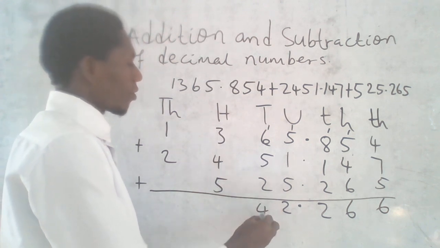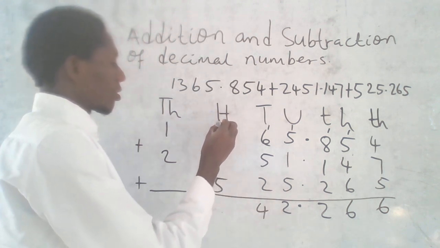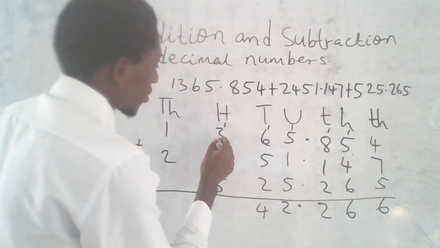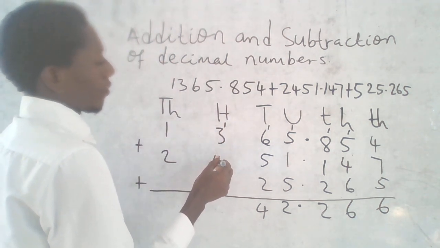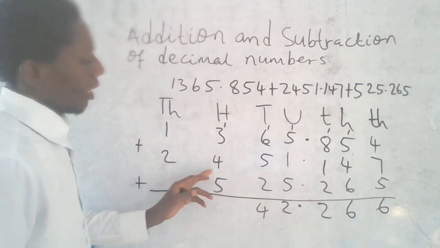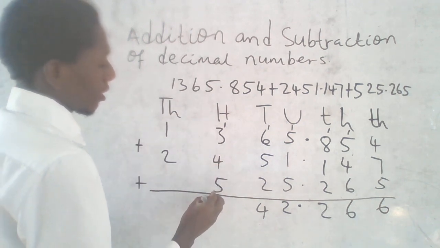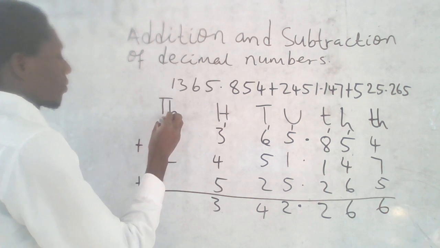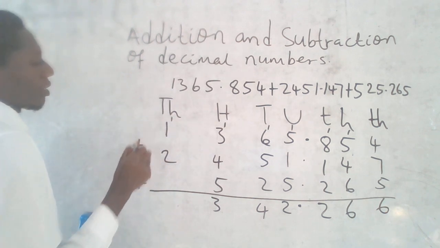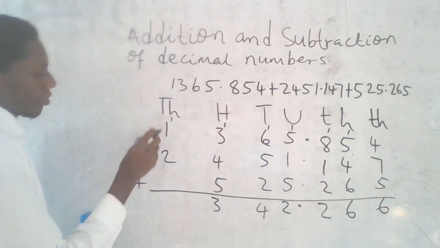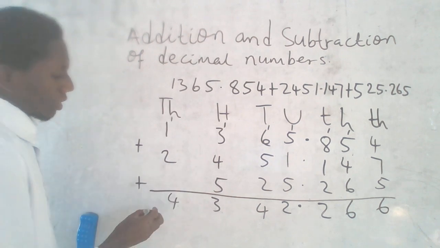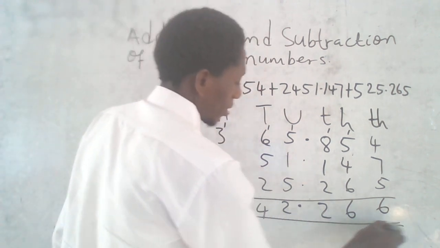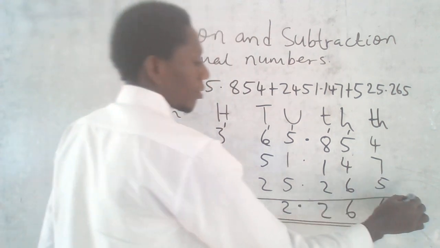So I'll write 4, I'll still carry 1 to this place. 1 plus 3 is 4, and 4 plus 4 is 8. 8 plus 5 is 13. So I'll carry 1. 1 plus 1 is 2, and 2 plus 2 is 4. So you can see this is our answer.